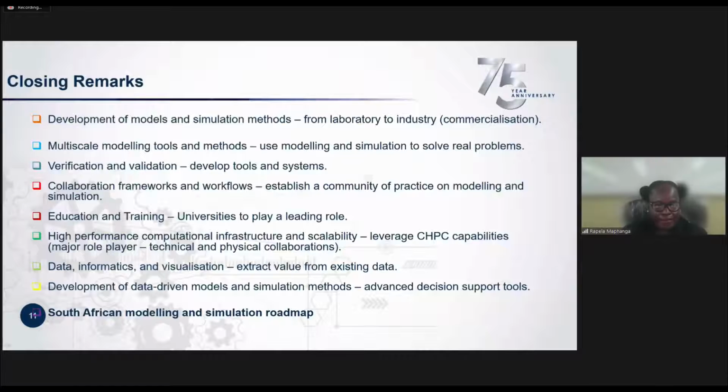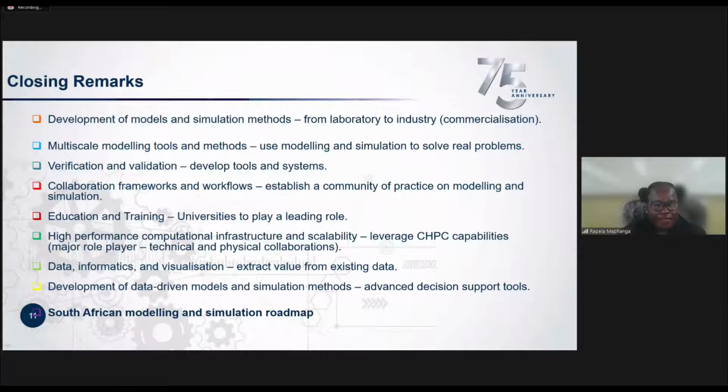Then in conclusion, looking at the different programs that we have identified, I must stress that the programs are not prescriptive, and also we have not decided on which of the programs will be run. So the idea was to put everything together based on the technical hurdles and challenges in modeling and simulation R&D.